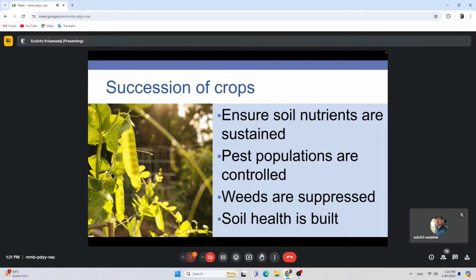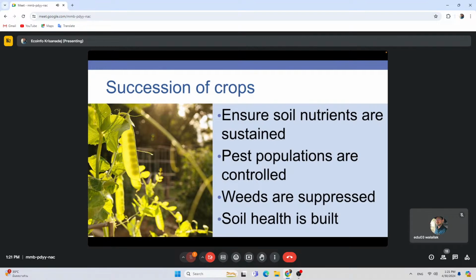The pest population will be controlled. This year, let's say the pest is a beetle, and if I still plant the same crop next year, that beetle population is going to increase exponentially. And the year after that, you have nothing left to eat because the beetles will eat it all before you start having your produce harvested, right?